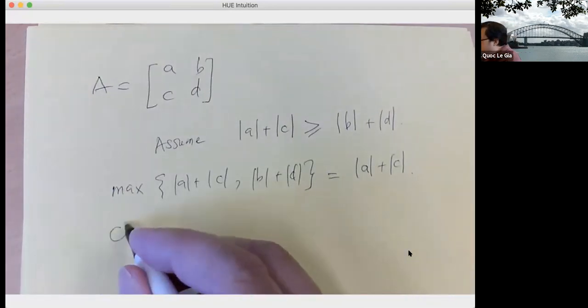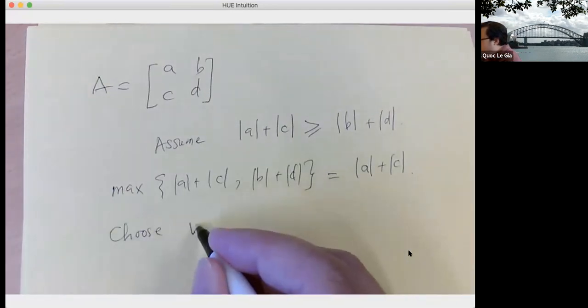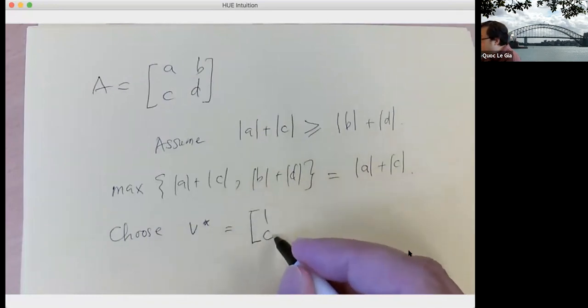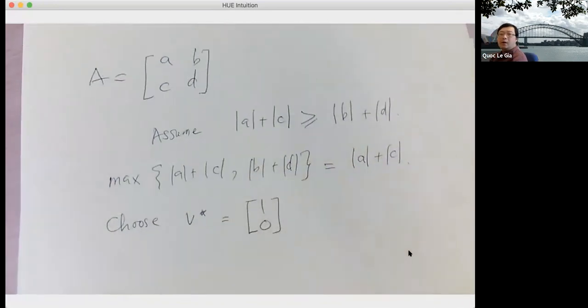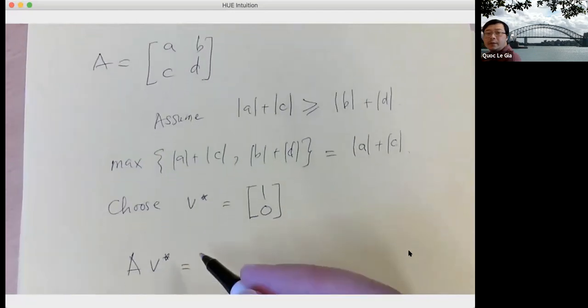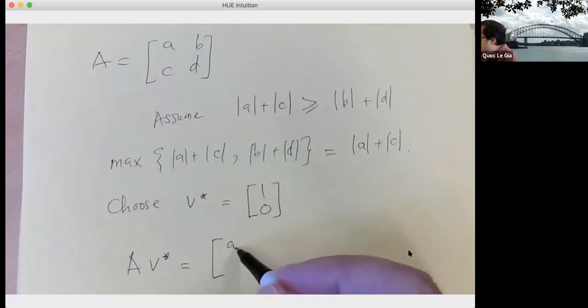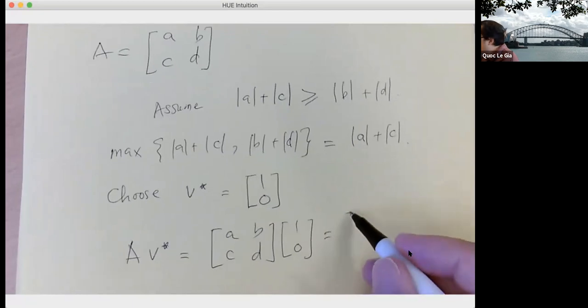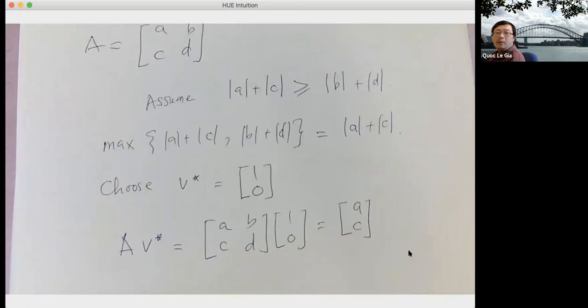Now I choose v star to be 1, 0, the first unit vector. Then what is A v star? A v star will be the matrix a, b, c, d times 1, 0. So it gives me the first column, a, c.